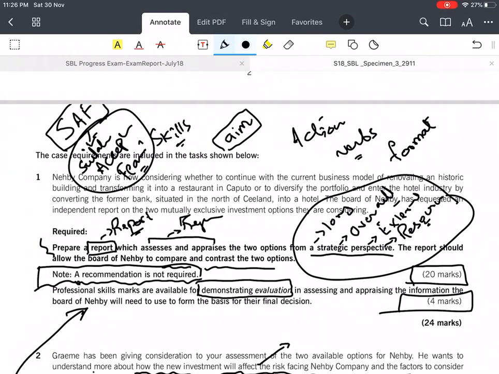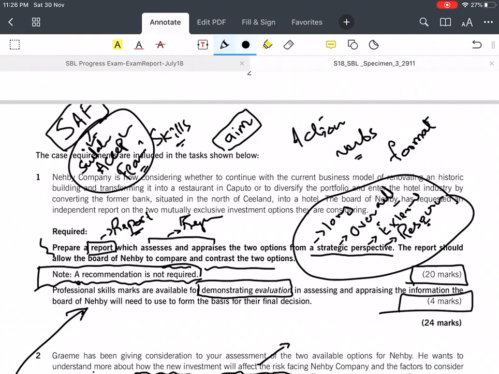Number two, they may think that they will be forced to relocate to another city, which they may not be willing to do. So from their perspective, the hotel business may not be an appropriate option, whereas for the restaurant business, they may be very willing to go for such an expansion, as it will be testing their own existing skills, and they will not be required to relocate to another city.